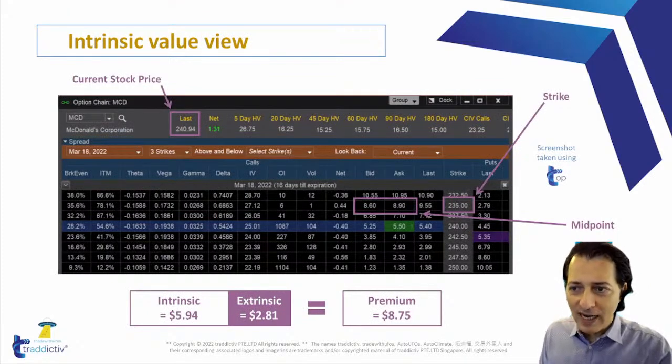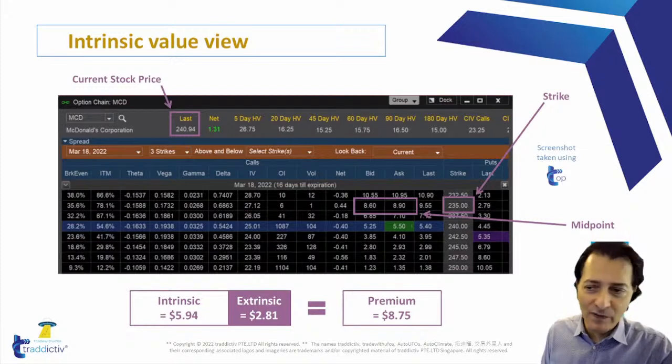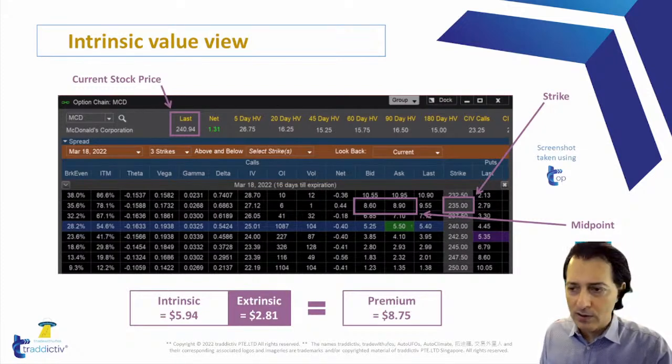Now that we have seen some specific examples on the slides, let's look at some real examples so we understand this better. In this screenshot, we are looking at an option chain for McDonald's, where the last price of McDonald's at the time of the screenshot was $240.94.